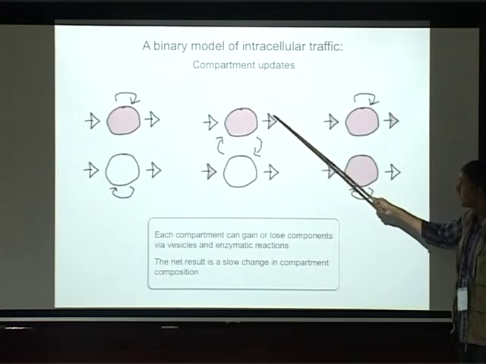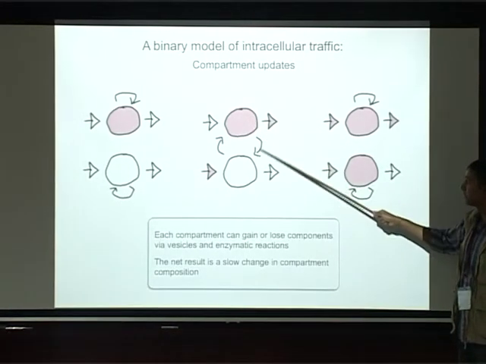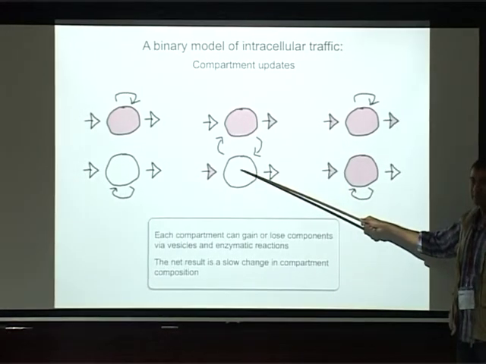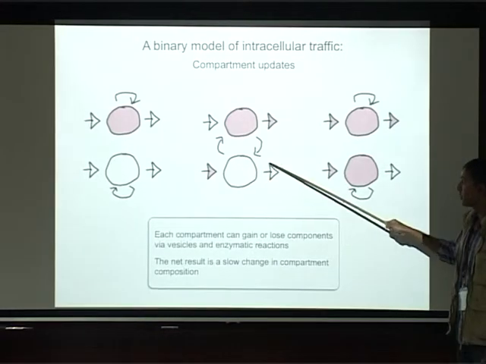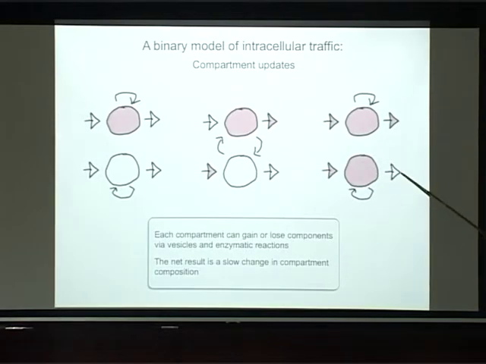If some vesicle is taking the pink stuff out, then over time the pink stuff will get depleted and you end up with none of it. Conversely, if the pink stuff is coming in and not going out, you'll turn pink. If something is coming in and not going out and you have it, you'll stay pink, and so on. So there are all these simple update rules.